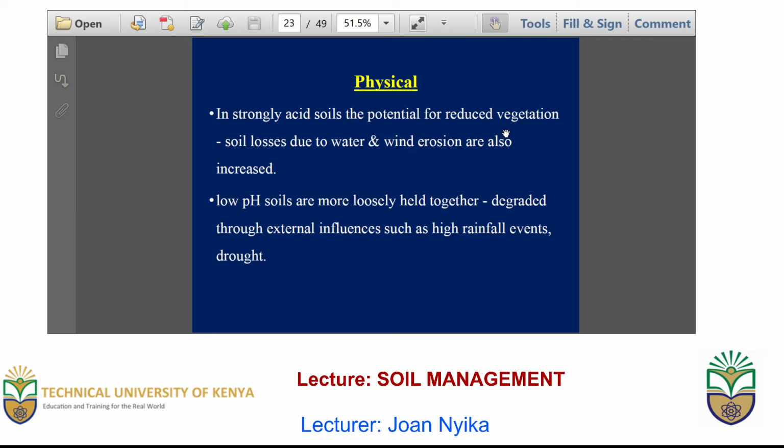Also, another physical effect associated with acidic soils is that the low pH soils are loosely held together. Remember, we have said the loose texture of the soils that are acidic is one of the physical characteristics identifying them. But what is wrong with having a loosely held together soil?